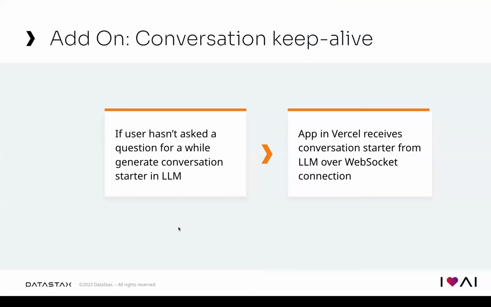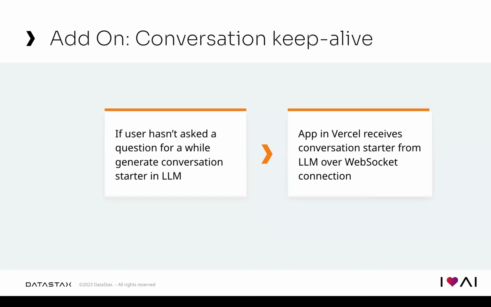One of the interesting things to me about this streaming event-based architecture is that it's easy to extend it. Imagine a chatbot that was not just waiting for you to ask a question and respond to you. Imagine a chatty chatbot that tries to talk to you and get you going in a conversation.